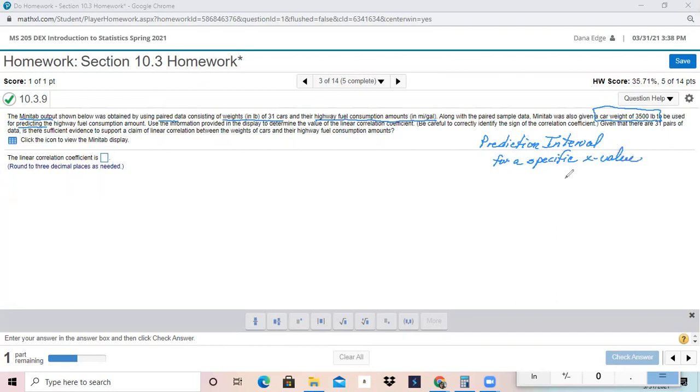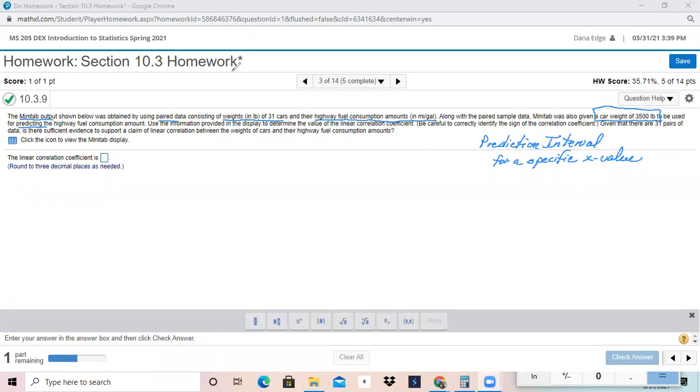Where a confidence interval is going to find our confidence in predicting, say, a mean or standard deviation or proportion. So they're different. The prediction interval is typically going to be larger than a corresponding confidence interval.